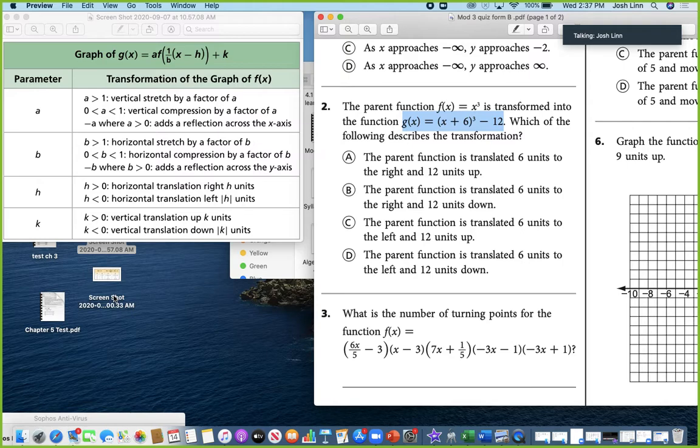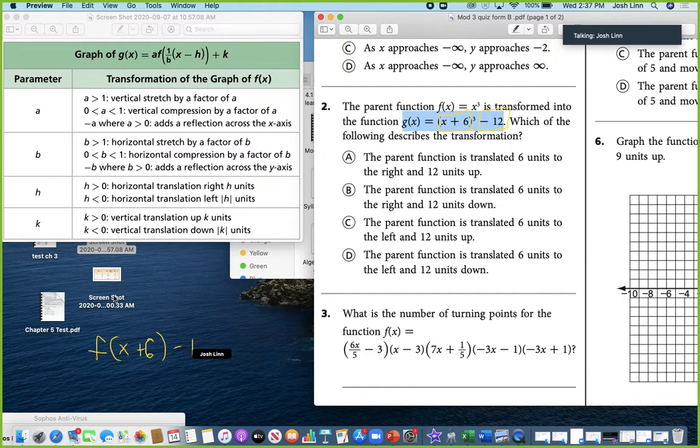So in order to make our f of x equal this bottom part, we would have had to put a plus 6 on the inside. So that's going to be f of x plus 6. And then we have a minus 12 on the outside, right?